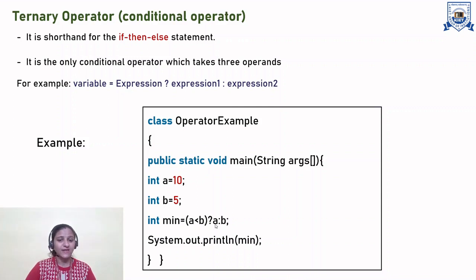So A will not be assigned to this min variable, because the condition is not true. 10 is not less than 5. The condition became false. So in this case, the else part, meaning expression B, will get assigned to the variable min. And when we print the value of min, it will provide the value of B.